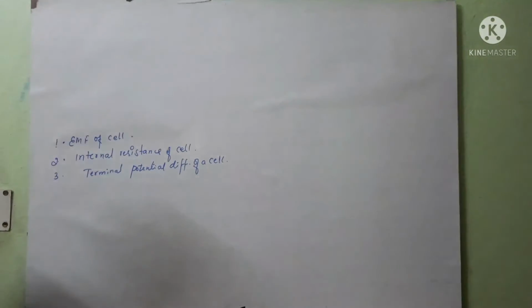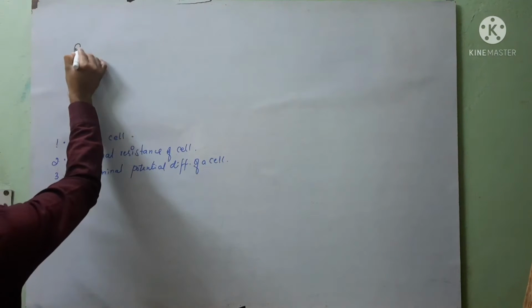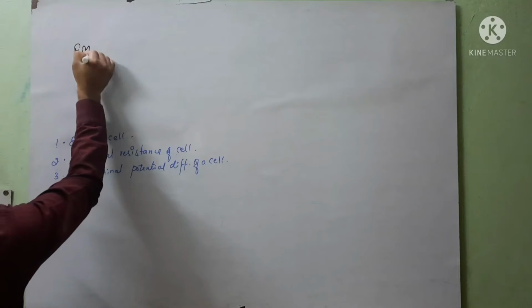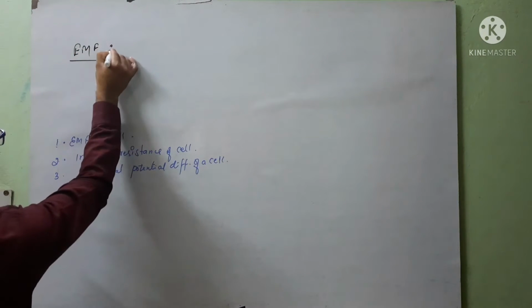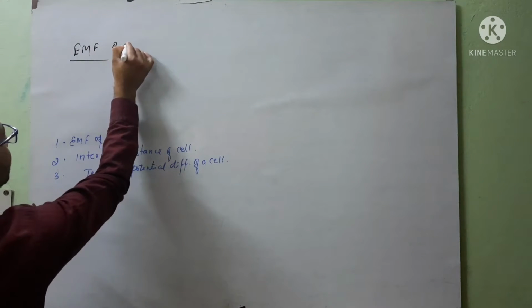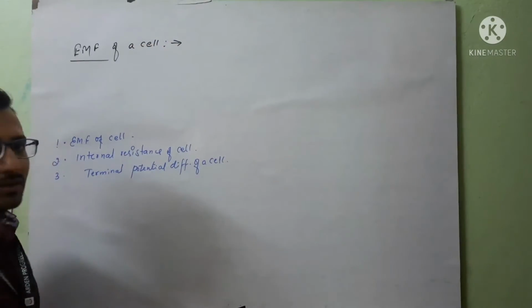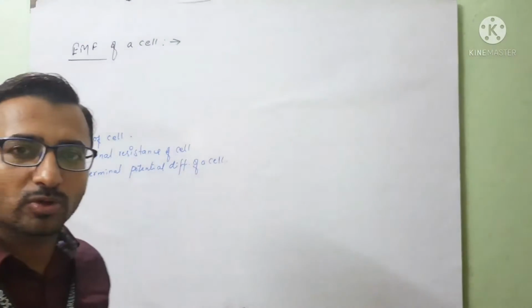So first, the first heading, which is EMF of a cell. In my previous lecture I have already explained what EMF stands for. The full form of EMF is electromotive force.